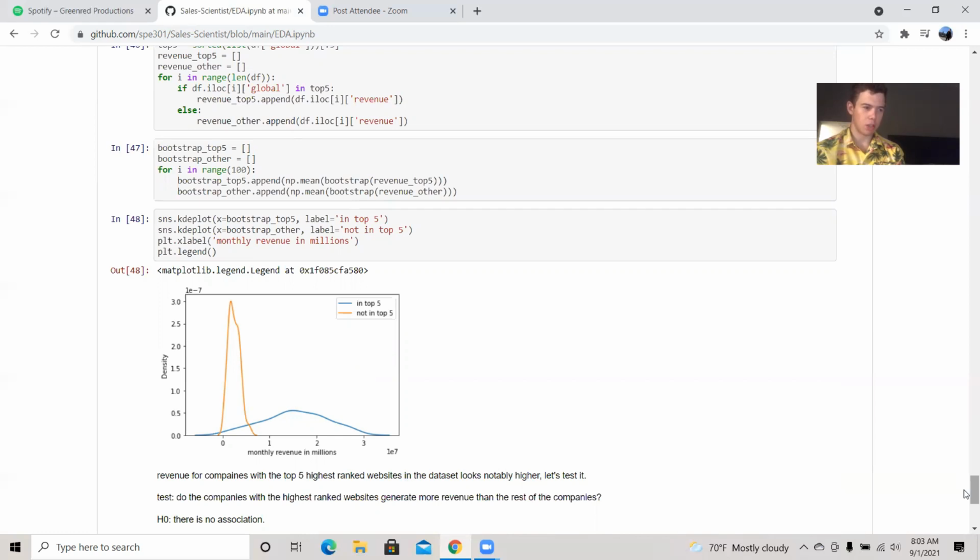You could even do machine learning on it if you wanted to. Comparing the not in top 5 and the in top 5, there's much more revenue going on here. This is centered around $500,000 a month in revenue, whereas this is centered more like $1.5 million a month in revenue.